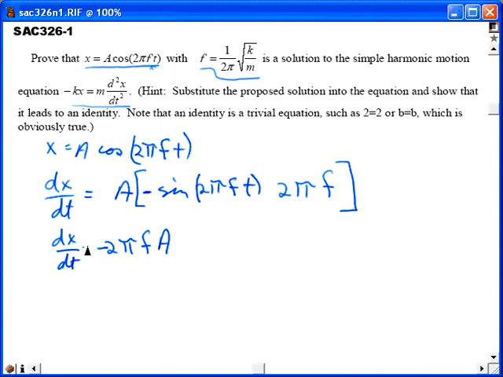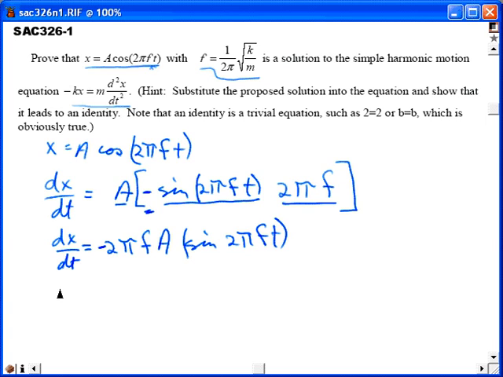I'll take that minus sign out front. Times the sine of that 2 pi ft. So I got this covered right there, the 2 pi f I brought out front. The a is right there, and the minus sign is right there.